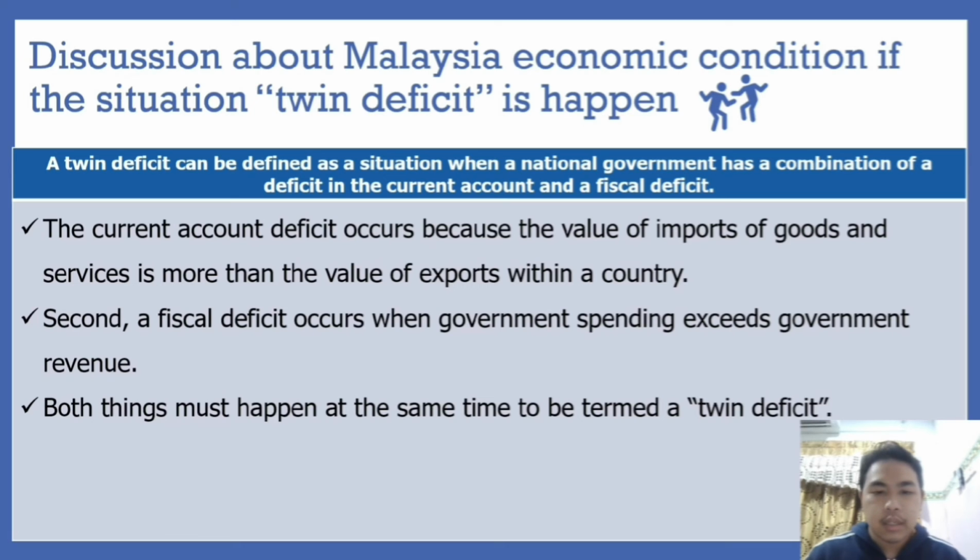It can mean the country's government is spending more money than it is generating. So both of these things must happen at the same time to be termed a twin deficit. It can also be called a double deficit. Over the long term, it may cause the nation's currency to devalue.